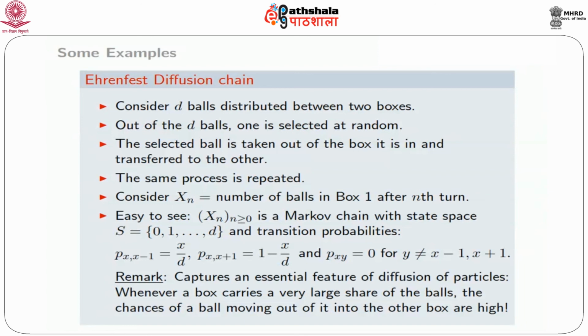It captures an essential feature of diffusion of particles. For example, whenever a box carries a very large share of the balls, so let's say x is pretty close to d, the chances of a ball moving out of it into the other box are very high. If x is pretty close to d, then Px,x minus 1 is almost 1.